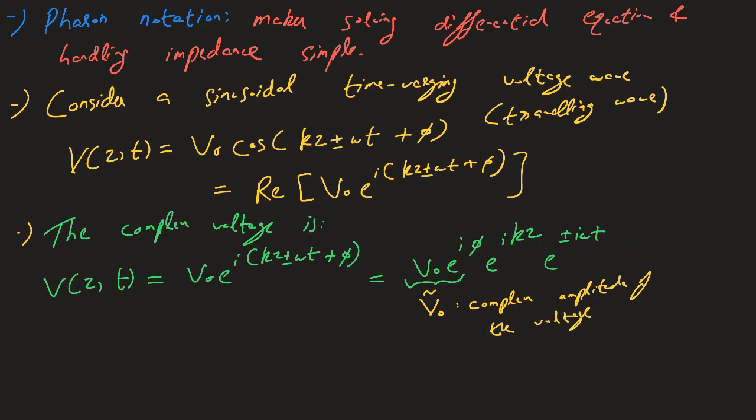Then I can write my full complex voltage, V of z,t, as V naught tilde e to the i kz e to the plus or minus i omega t, right?